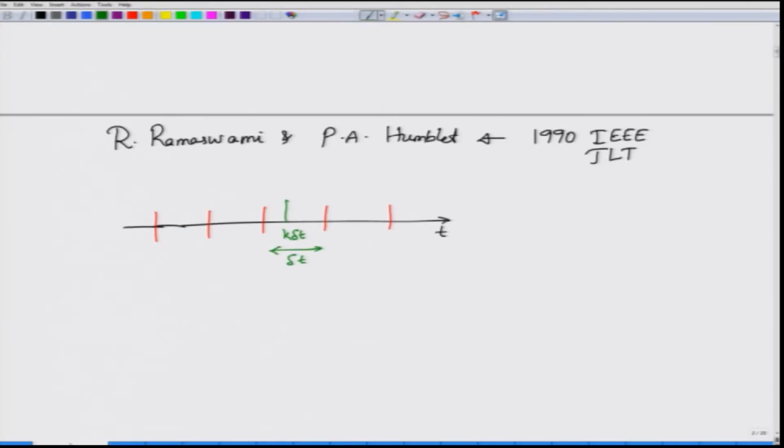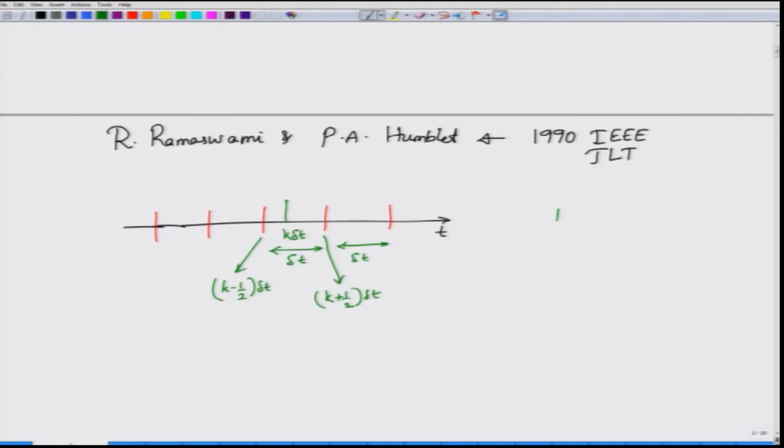So every interval is the same width delta t. For the kth time instant the width will be delta t, but the endpoints of this interval will be (k minus half) delta t and (k plus half) delta t. Okay? Does it make sense?